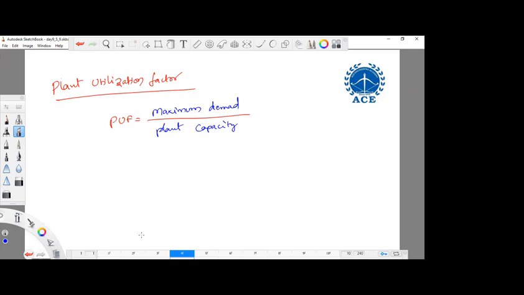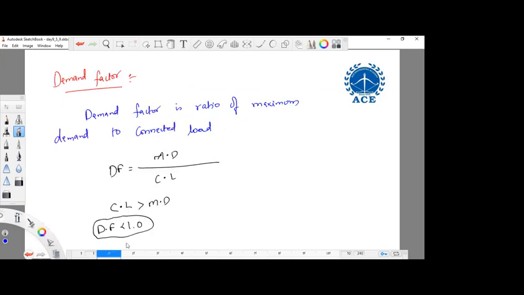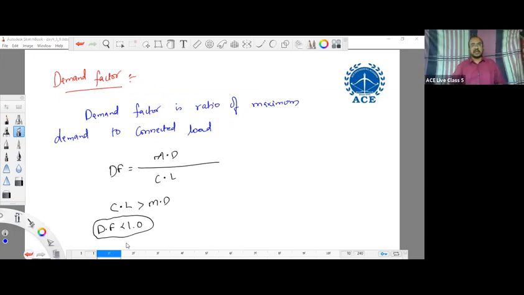So we have defined these terms. We defined demand factor: it is the ratio of maximum demand to connected load of the system. Connected load will be greater than the maximum demand, which is why demand factor is always less than 1.